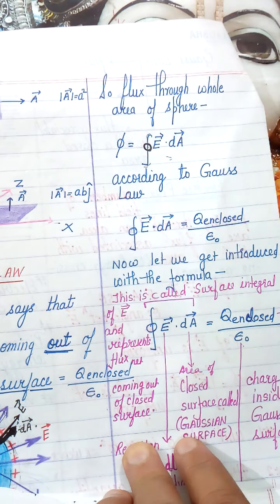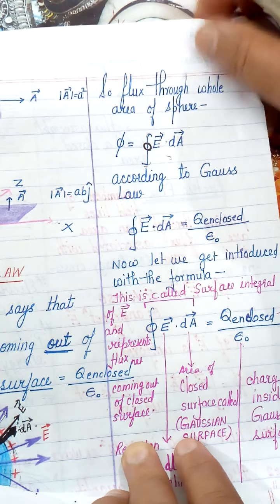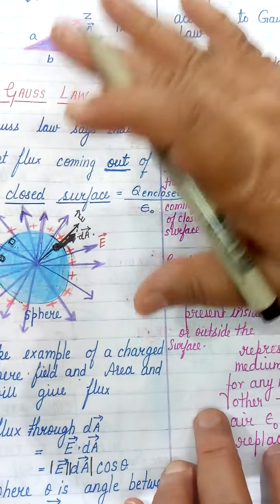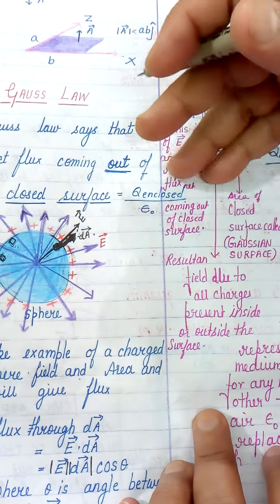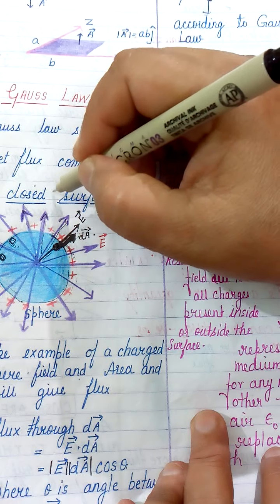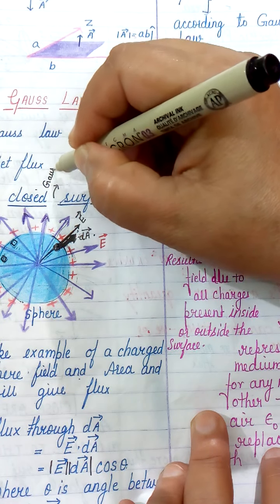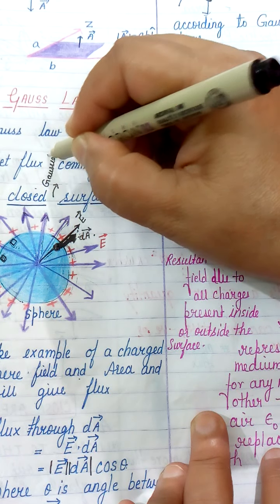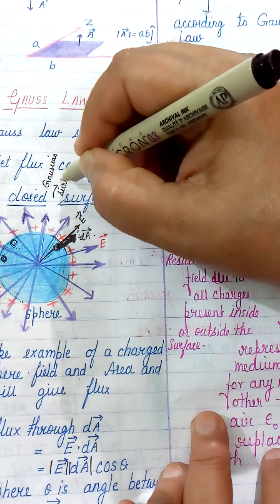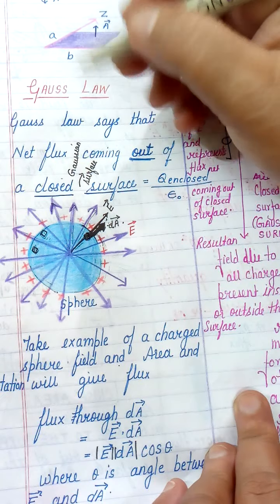Which surface? It's a Gaussian surface. Understand it now. Actually, when we say net flux coming out of a closed surface, the closed surface is called Gaussian surface. Now you will think, what is Gaussian surface?